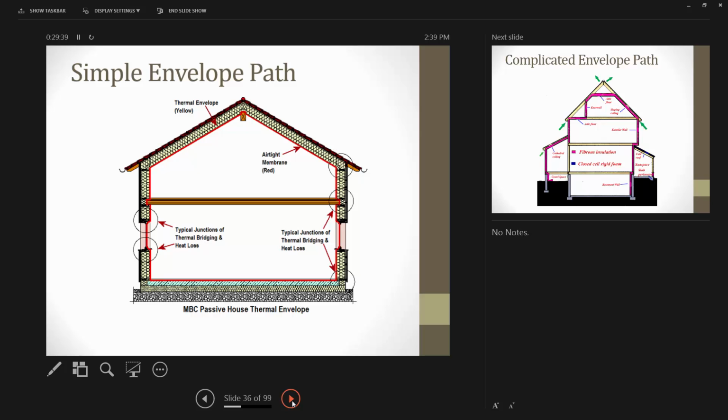Any place you have a change in direction, you have a weak spot. So creating the simplest thermal envelope that you can removes more opportunities to make a mistake in that thermal envelope in the connection.